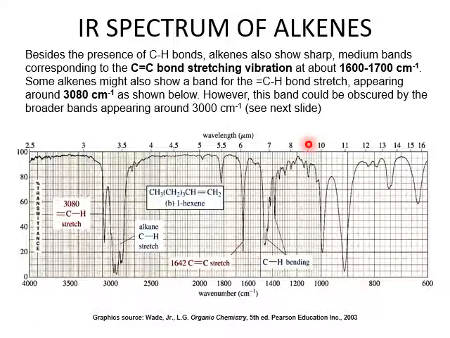But when we have alkene, we will have a CH stretch around 3,080 next to that alkane CH stretch. That's a sign of having a carbon-carbon double bond. In addition, we have this strong and sharp peak around 1,600, which is a sign of a carbon-carbon double bond.